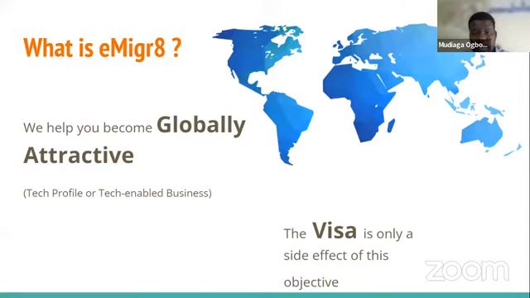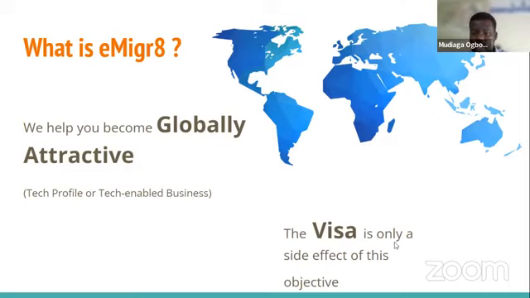The bottom line or the mainstay for us is you must be in tech. You must be a tech business or you must be a tech individual, building in tech, managing a product, full stack, back end, front end. As long as you're in tech, we can build a profile around your tech skills and your tech experience to make you globally attractive.